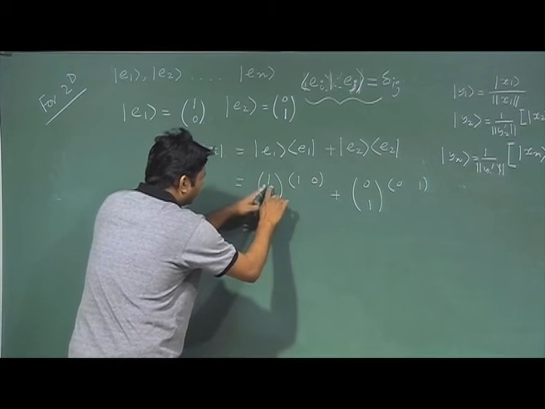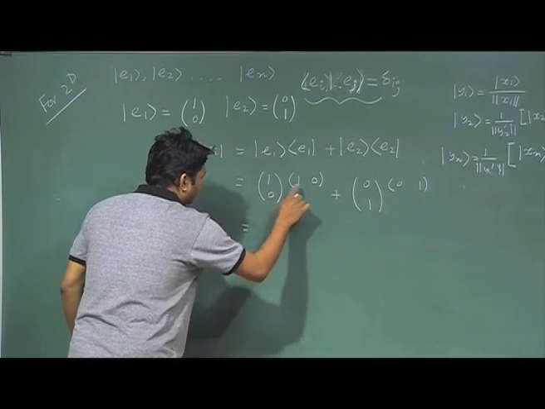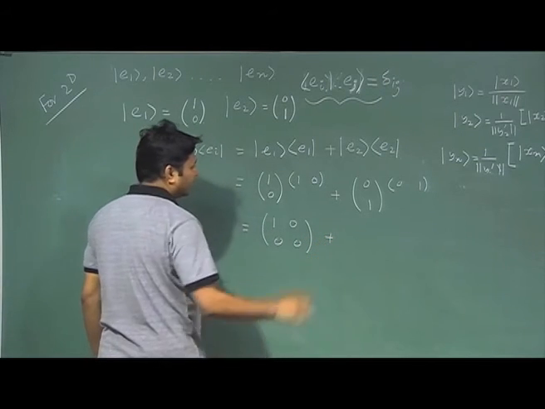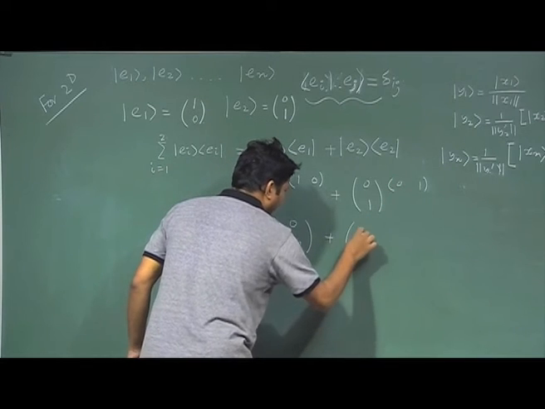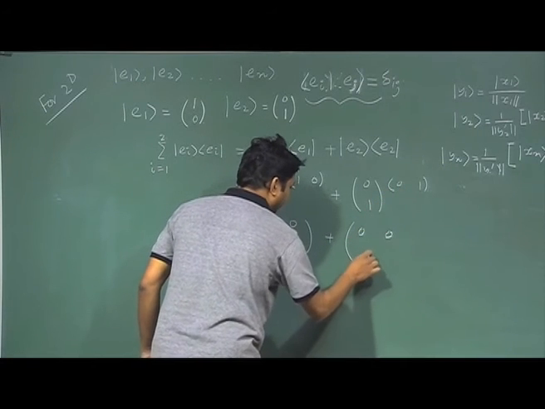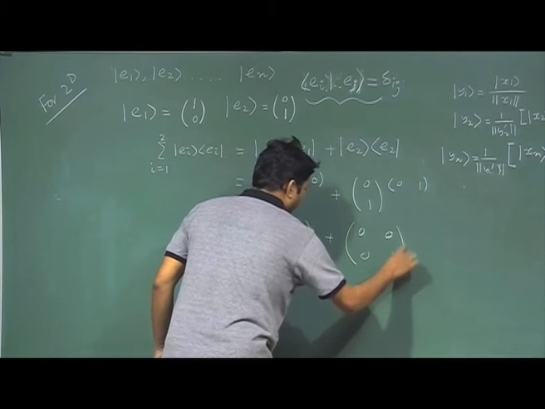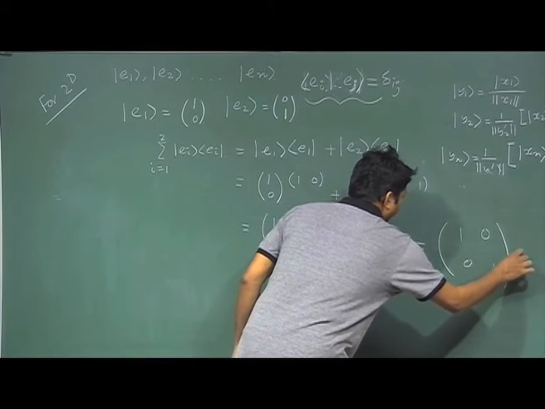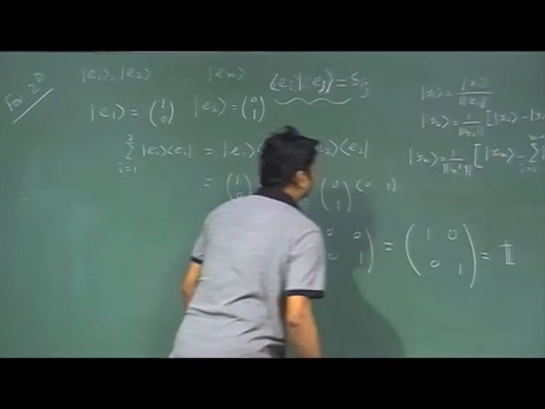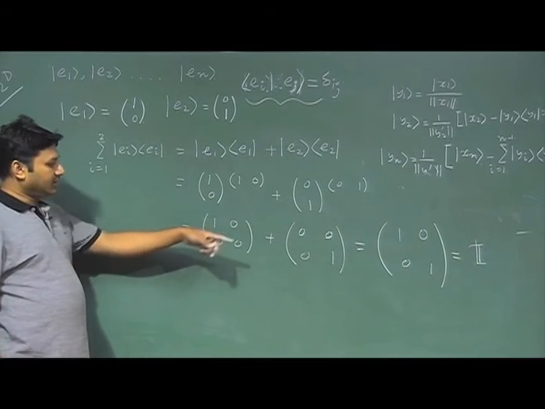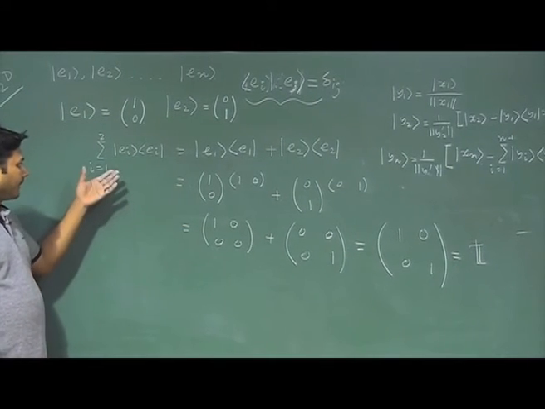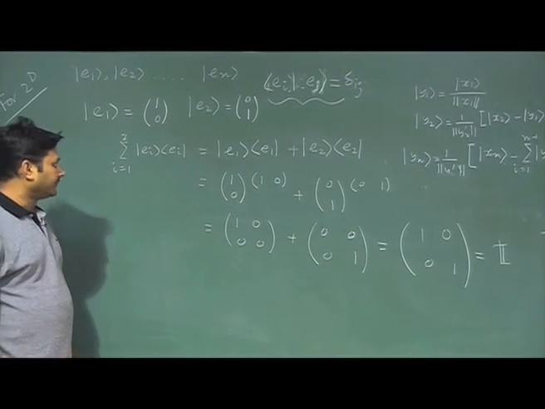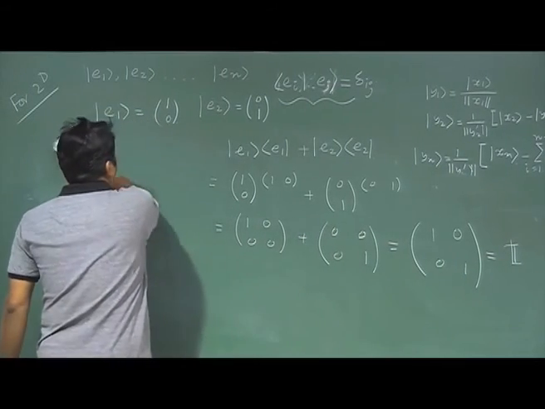My first term is 1 0 0 0, my next term is 0 0 0 1. If I add, I get just 1 0 0 1, which is nothing but the unit matrix of order 2, because I am taking just second order. If you do that for 3D, you will also get the 3 by 3 unit matrix, and so on. So I can show that they form these things.